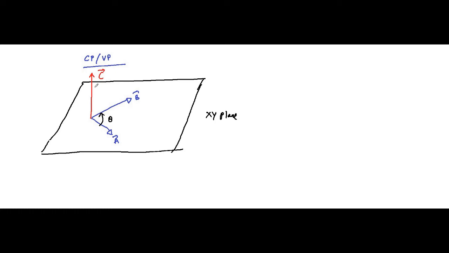Now please pay attention here. The resultant vector C vector is perpendicular to the XY plane. So in other words, we can also say that C vector is perpendicular to both A vector and B vector.